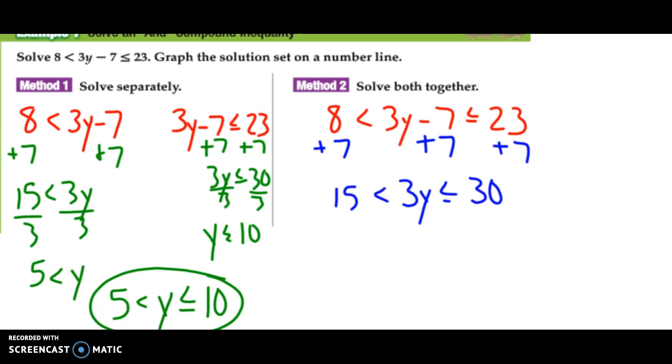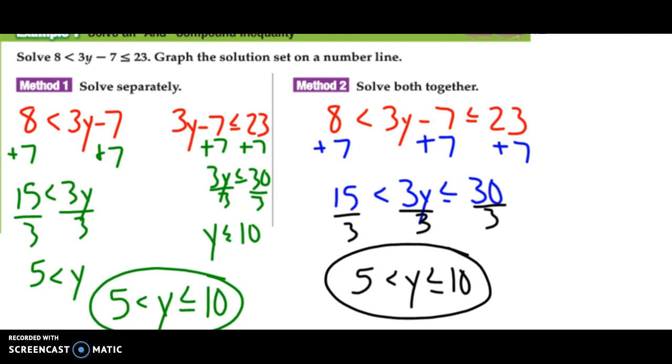To get y by itself, I divide by 3, which means I have to do everything by 3. So I get 5 is less than y, which is less than or equal to 10. Both methods give me the same answer, but I would prefer method 2. It just seems like less work. But if you do want to do method 1, that's just fine.